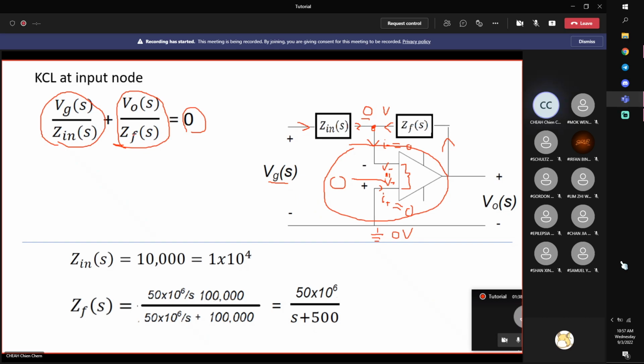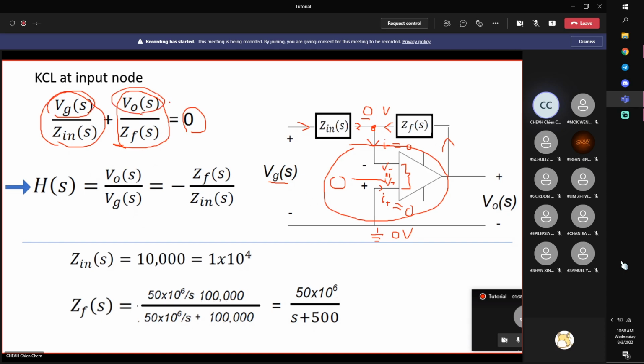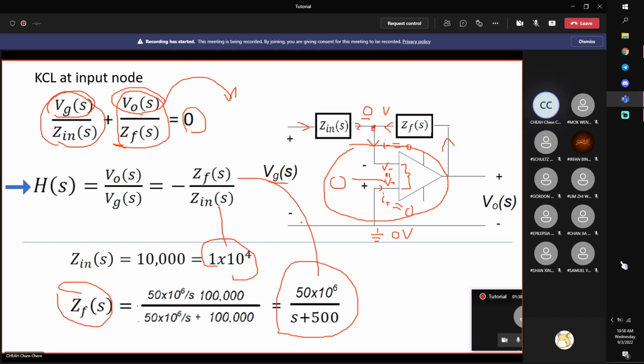From this equation, I can already get my transfer function because everything is input and output only. I just move this to the other side of the equation, right? Express V0 in terms of V in. Then I get my transfer function. And then remember what is your ZF? ZF is this value, right? And Z in is this value. So we just put this over here.